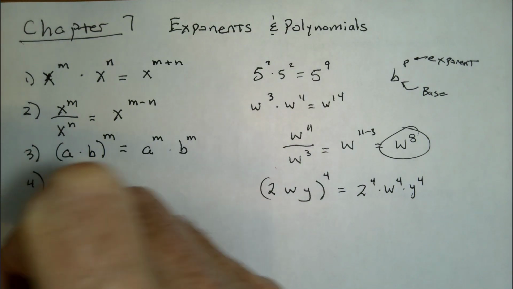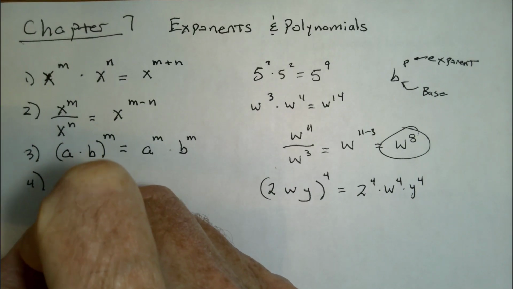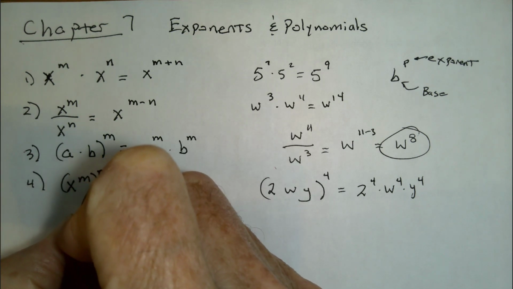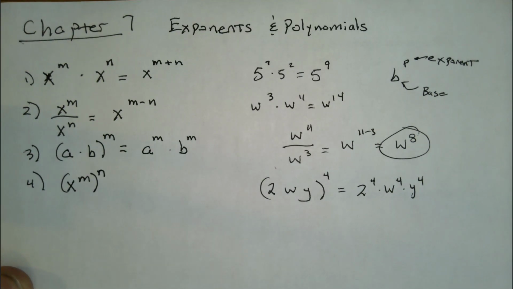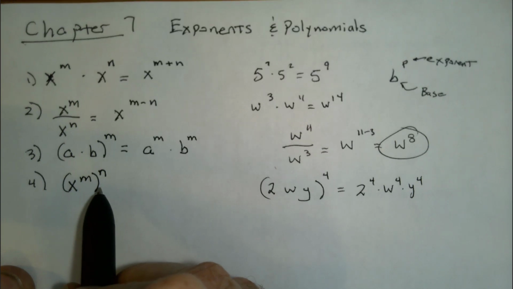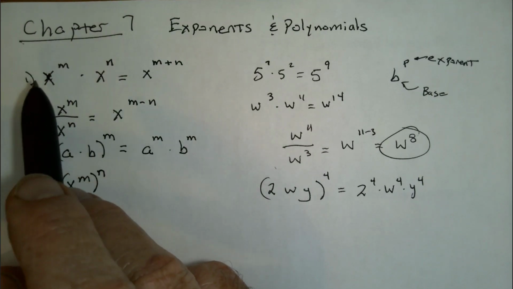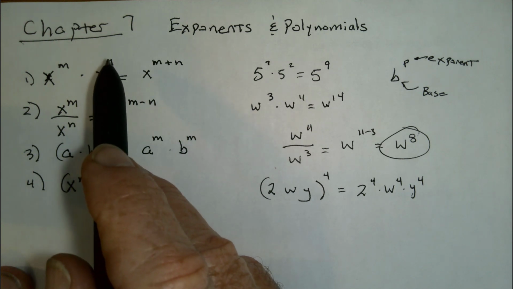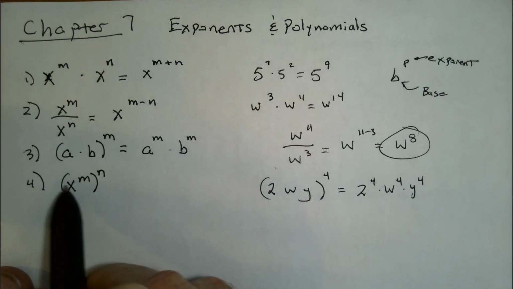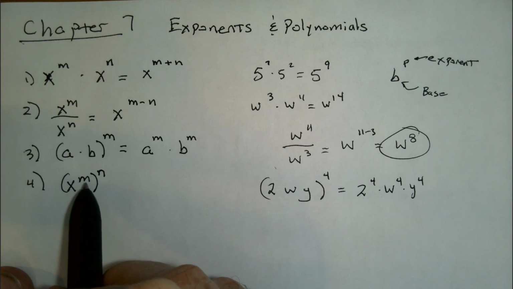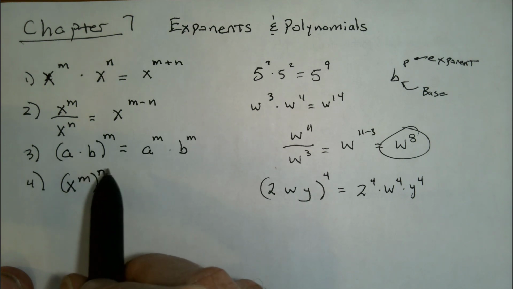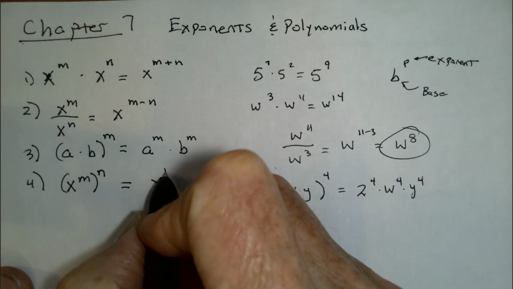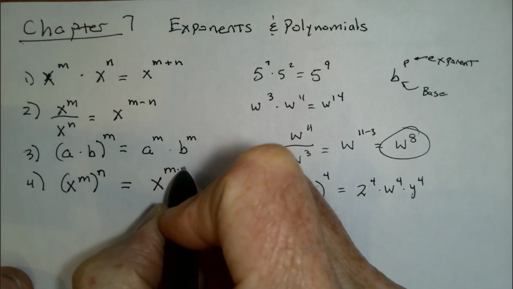Another law. If you have a power, and that power is raised to another power. So it's a little different than number 1. Number 1 has an x factor with a power and an x factor with a different power. This is only one x factor, but the power on the x factor is raised to another power. And that has a shortcut law that we learned where we multiply the powers.